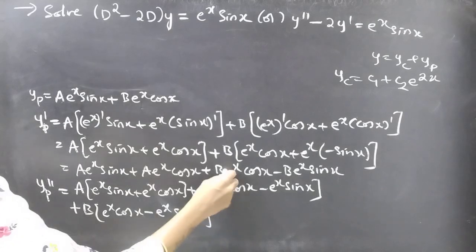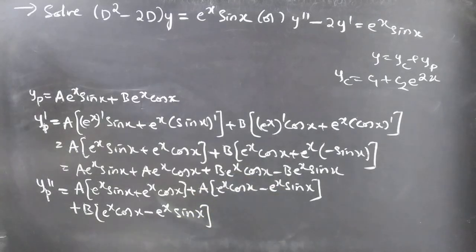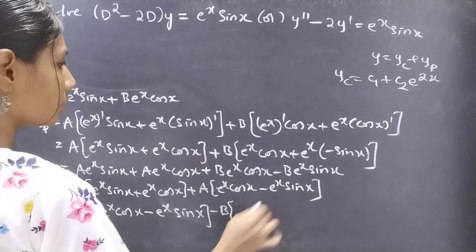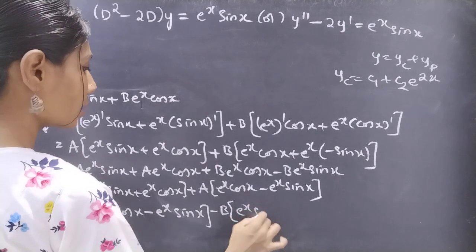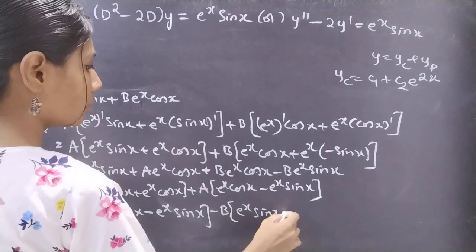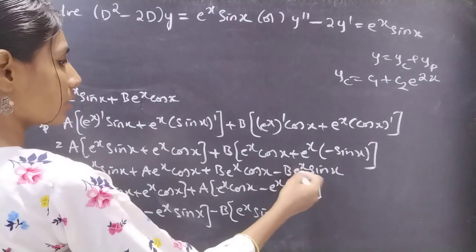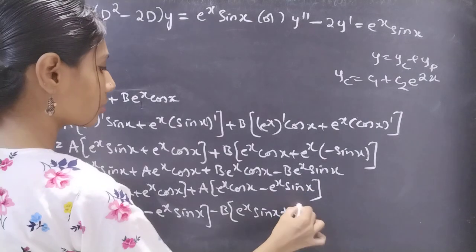Just find the derivative of b e power x cos x simply. Minus b into derivative of e power x is e power x into sin x plus e power x into derivative of sin x is cos x. We'll get e power x cos x.